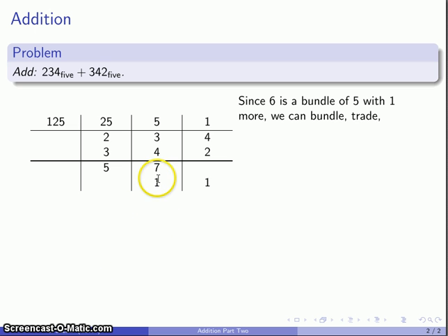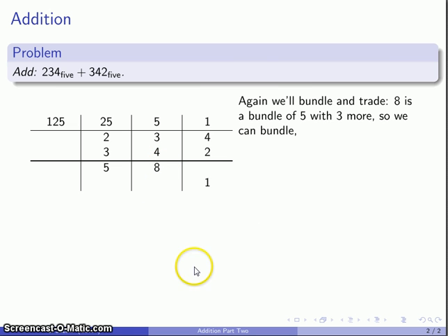And one last step here, I want to combine the 7 and the 1 together to make a set of 8. And again, I can do the same thing. I have a set of 8, but I want to make a bundle, and 8 is a bundle of 5 and 3 more.